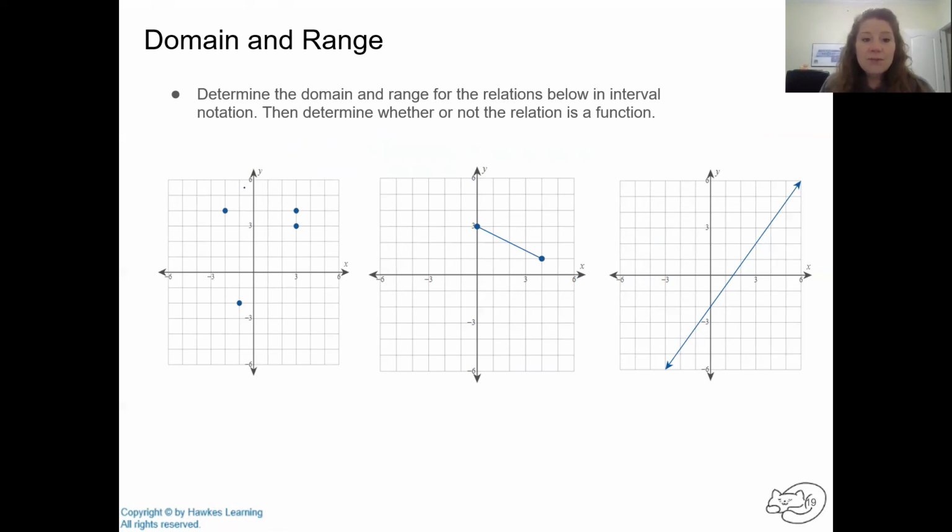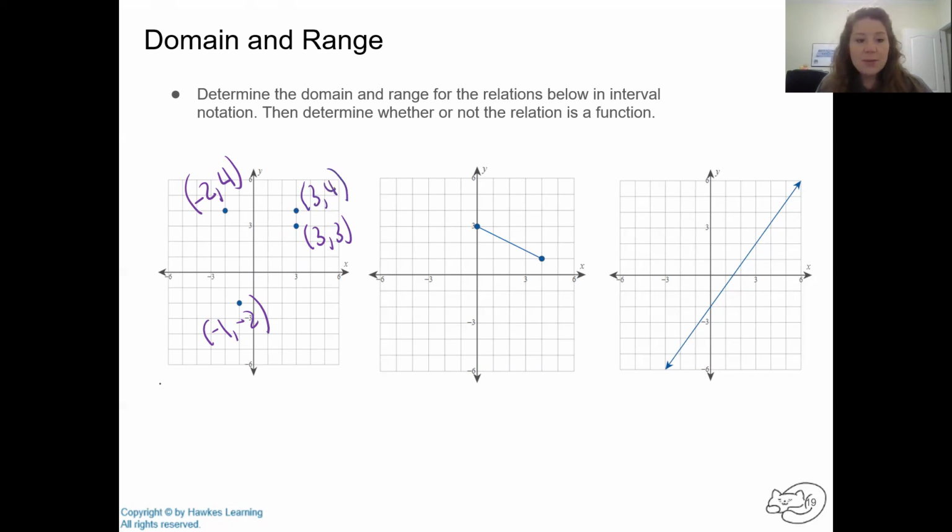Okay, so for the first one, where you're thinking of these dots with their coordinates. So this coordinate is -2, 4. I'm going to write it out, -2, 4. This coordinate is -1, -2. This coordinate is 3, 3. And this coordinate up here is 3, 4.